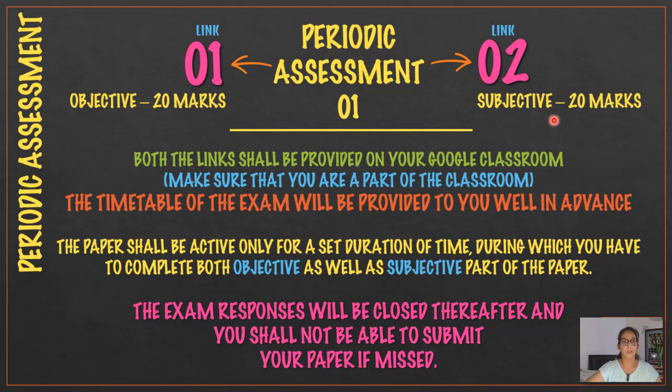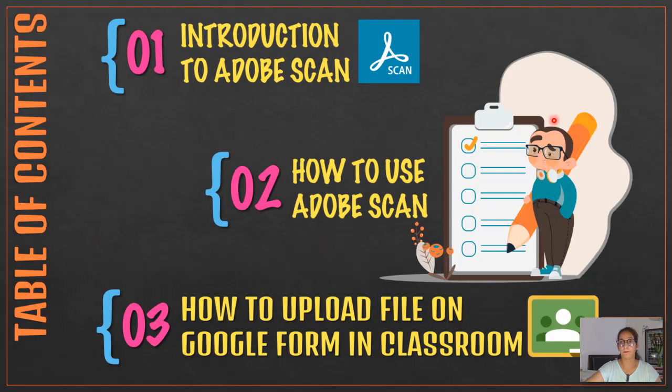The timetable of the exam will be provided to you well in advance. The paper shall be active only for a set duration of time during which you have to complete both the objective as well as the subjective part of the paper. The exam response will be closed thereafter and you shall not be able to submit your paper if missed.